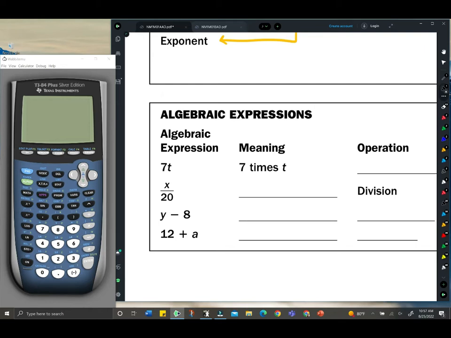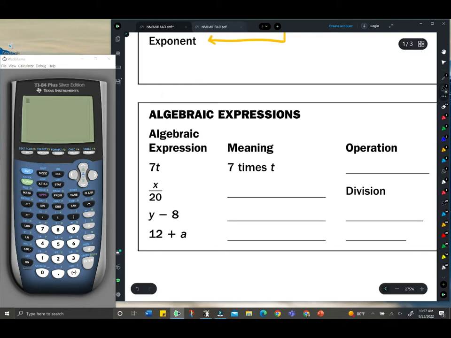So 7t means 7 times t, so the operation is multiplication. When you're going through these and you hear me say things like 7t, 7 times t, that's multiplication. x over 20 means x divided by 20. y minus 8, that's subtraction.